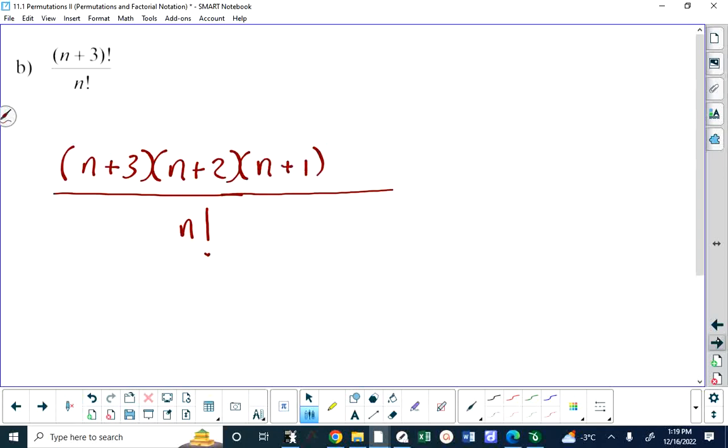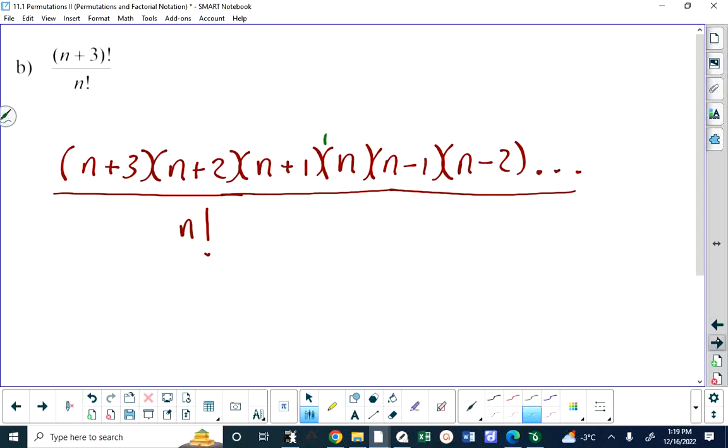So I keep decreasing by 1. When I get to n plus 1, it's going to become n, then it's going to become n minus 1, then it's going to become n minus 2. How far you want to take this is up to you. I would argue that I think this is fine even on a written response. I think that communicates the idea fairly well.